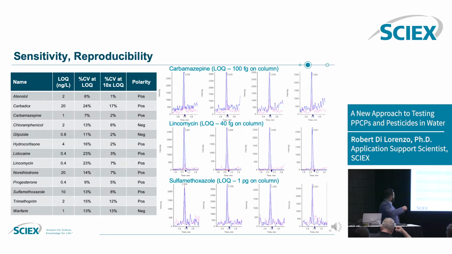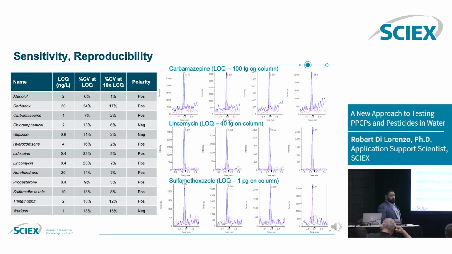For this analysis, because you're doing a 100 microliter injection, you're looking at LOQs in the range of low parts per trillion or sub parts per trillion. You're looking at picograms and sub picograms and femtograms on column. So really highly sensitive analysis. And you can see you're getting CVs in and around 20% at your LOQ. That's generally how we'll define it.